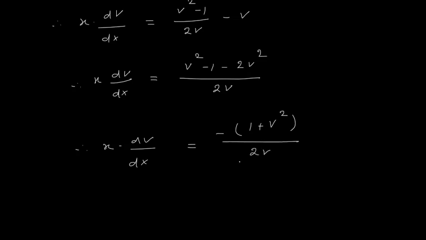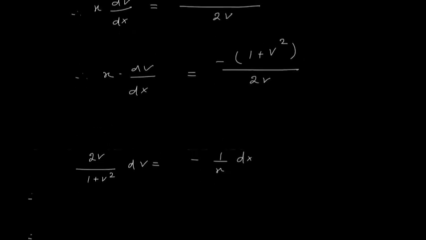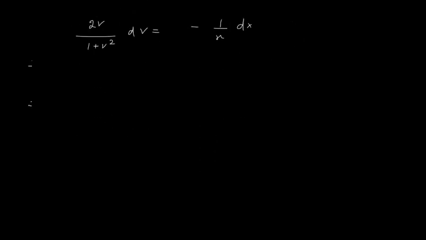I will separate variables, that means 2v upon 1 plus v square into dv, here it is minus 1 upon x into dx. Now I will integrate both the sides. So therefore we have integration of 2v upon 1 plus v square dv is equals to minus integration of 1 upon x into dx.